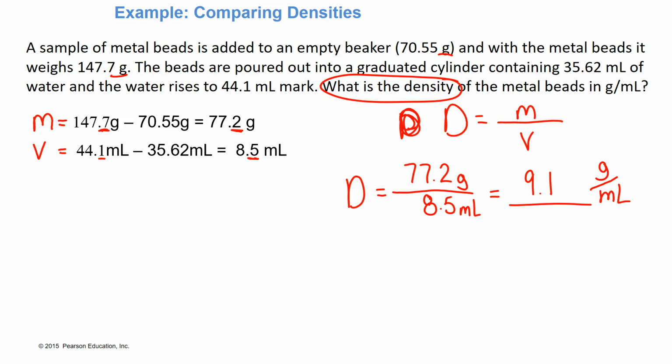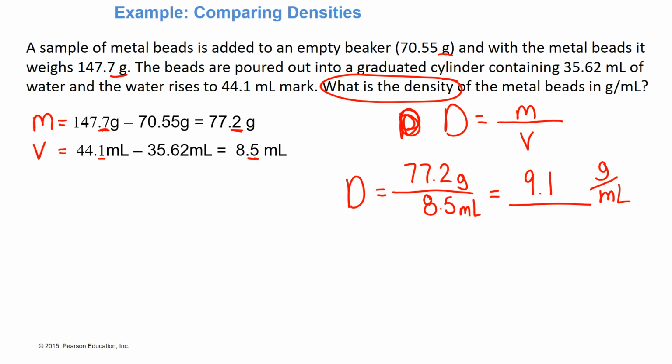When you do it in the calculator, you get 9.08235, and so on. Continuing on. But when we do this, our answer is 9.1. The other area where I see students make mistakes, especially on the DE test, is this one might ask you to enter in the number.